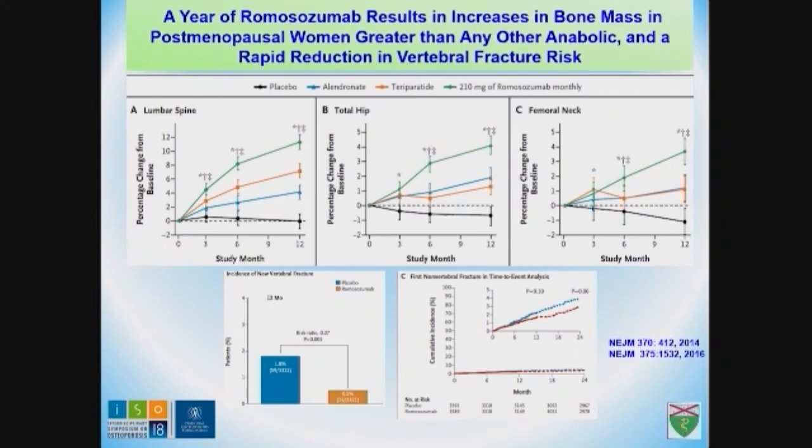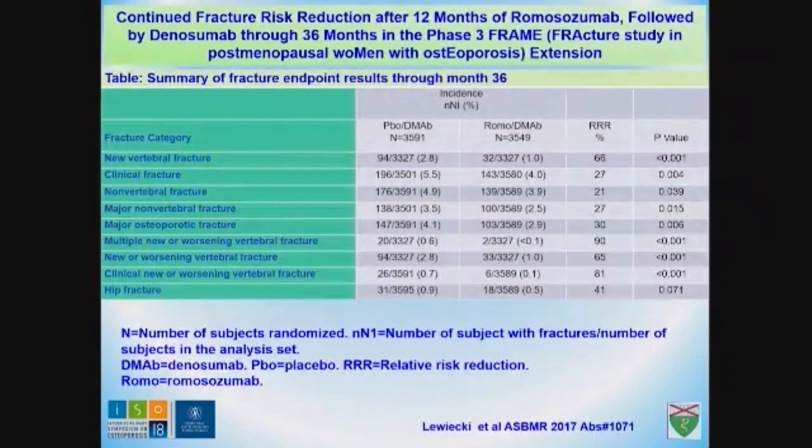I'm sure many of you were thinking about running out and buying stock in Amgen. And in fact, when you looked at the end fracture risk, continued fracture risk reduction 12 months after Denosumab, because like any anabolic agent, it's given for a short period of time, followed by Denosumab for another 24 months in this phase 3 study, there was a marked reduction in fractures in every category.